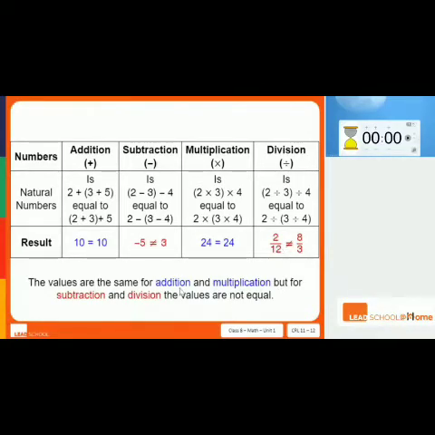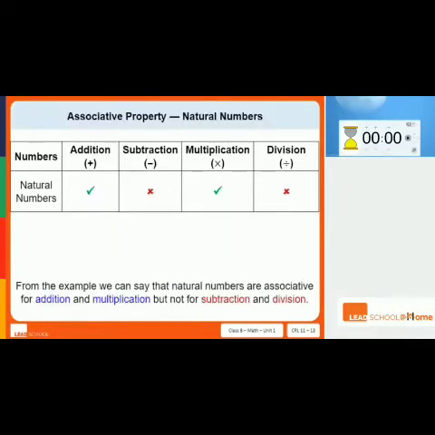So the values are same for addition and multiplication, but for subtraction and division, the values are not equal. So from this example, we can say that natural numbers are associative for addition and multiplication, but not for subtraction and division.